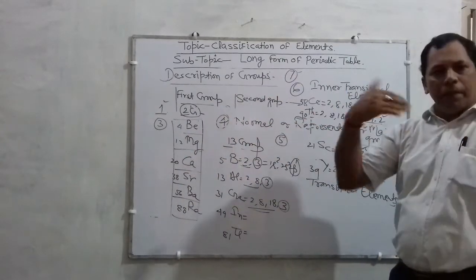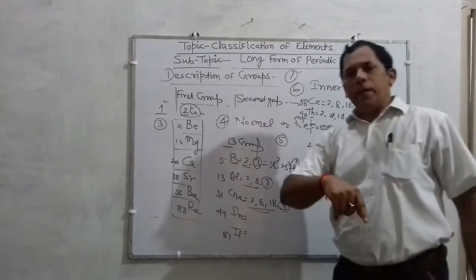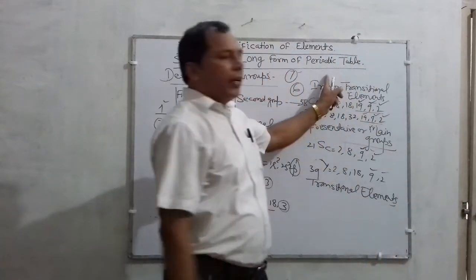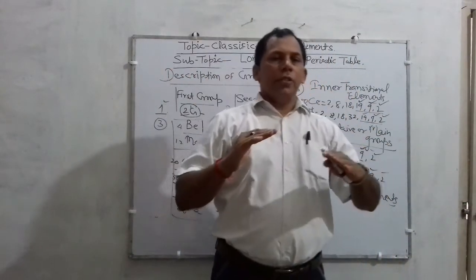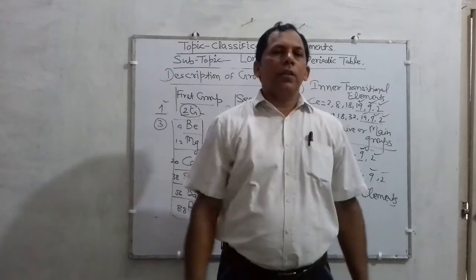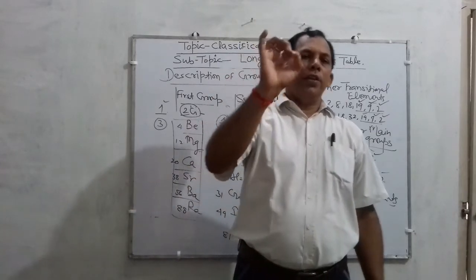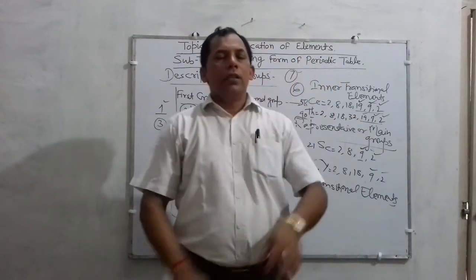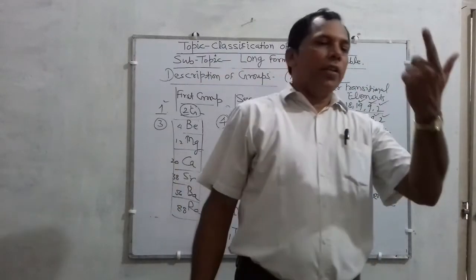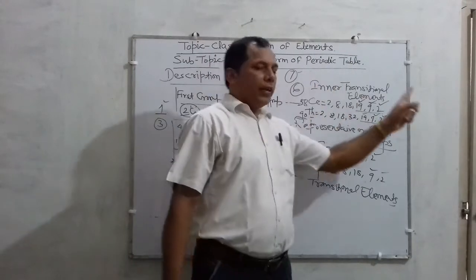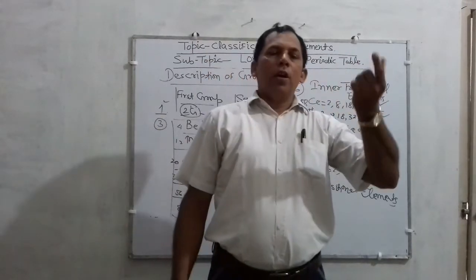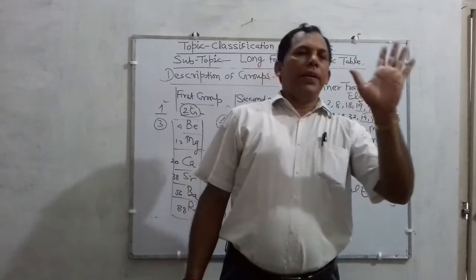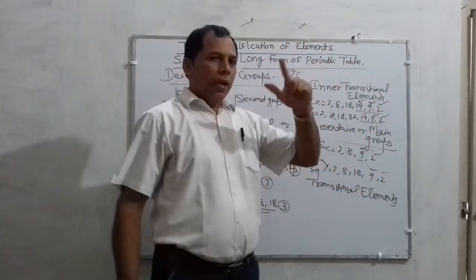And the last property: the elements present in the 18th group of the periodic table have all their cells fully filled, meaning there is no incomplete cell.